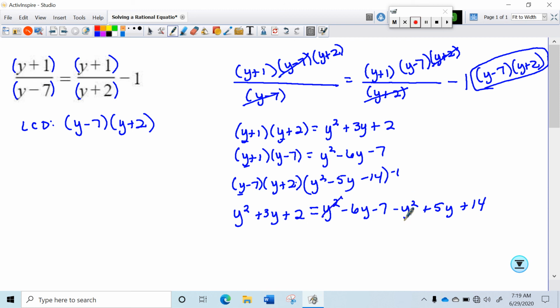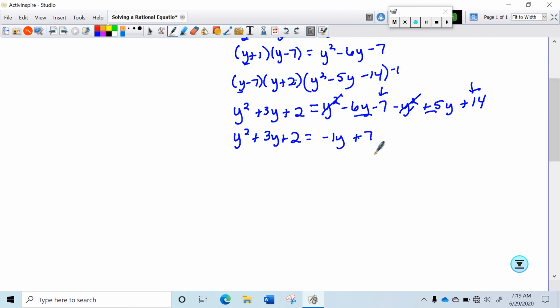So y squared, take away y squared, those are gone. I've got y squared plus 3y plus 2 equals negative 6y plus 5y is negative 1y, and negative 7 plus 14 is a positive 7. Now, you want to leave your squared term positive, so leave it alone.